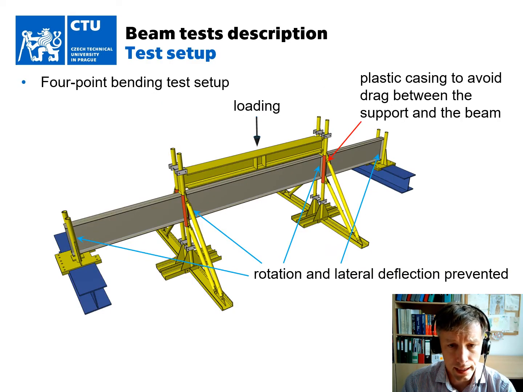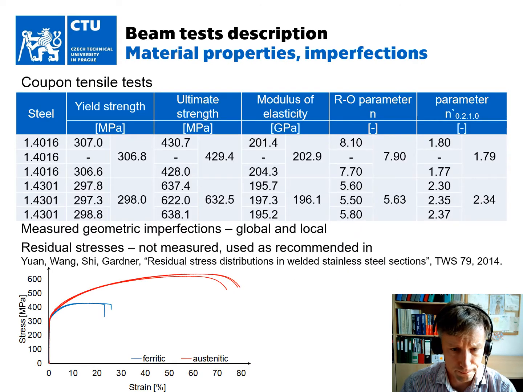The tests were four-point bending tests using this setup on the picture. At the point loads, lateral and torsional buckling was prevented by the restraints illustrated in the picture.